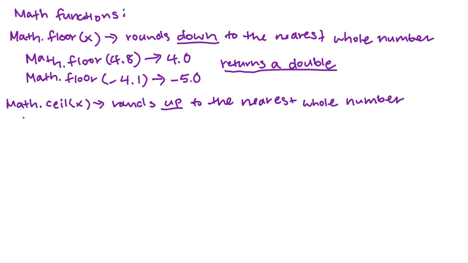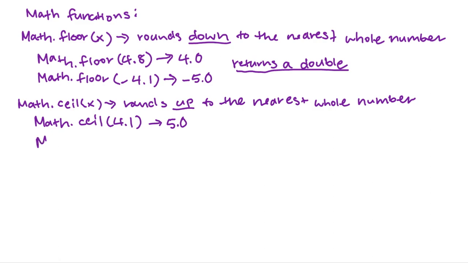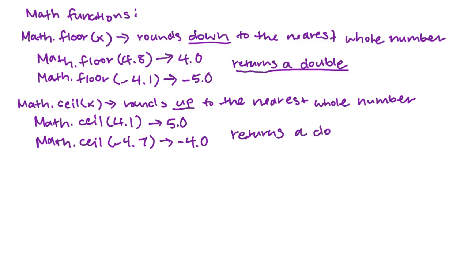So if we had math.ceil 4.1, that goes to 5.0. And if we had math.ceil negative 4.7, that goes to negative 4.0, which is rounding up. And it also returns a double.